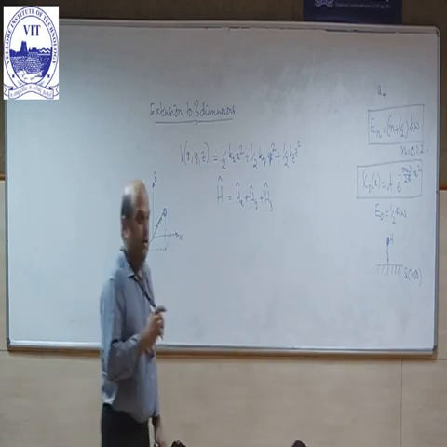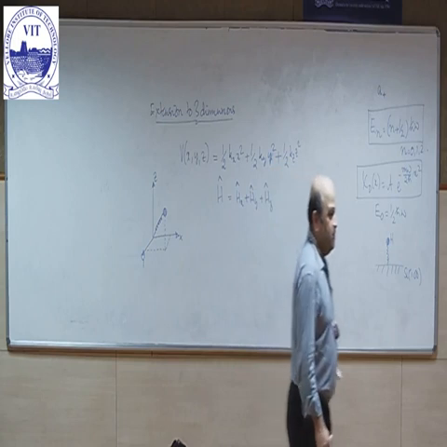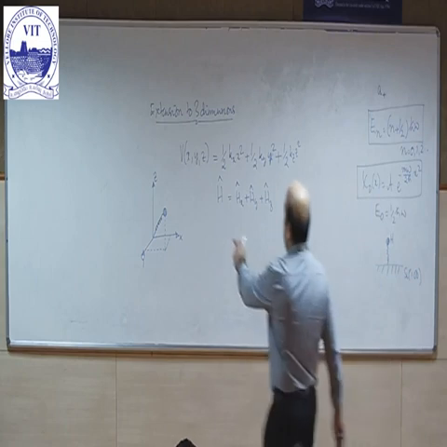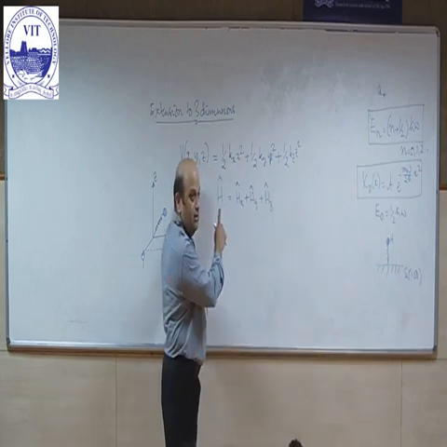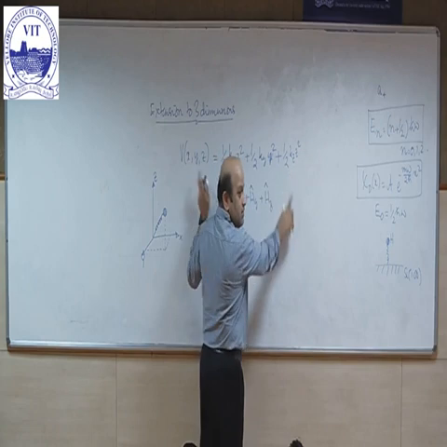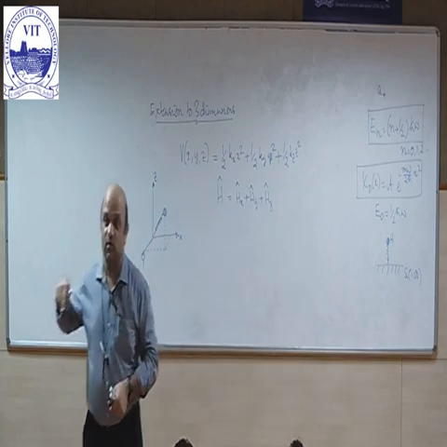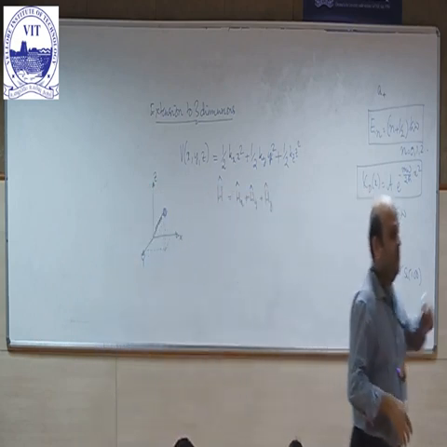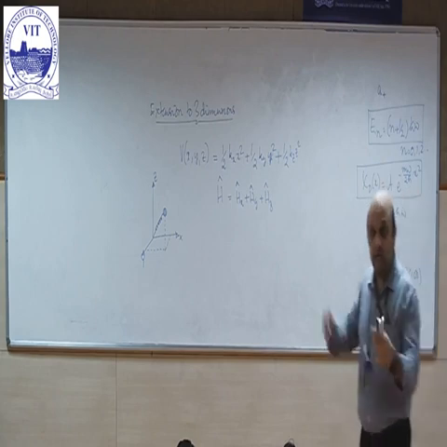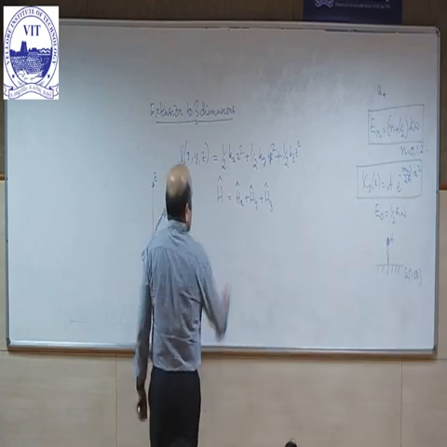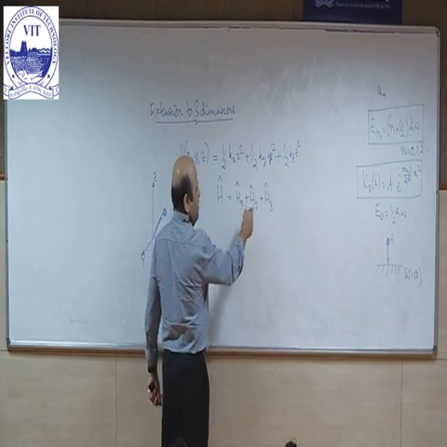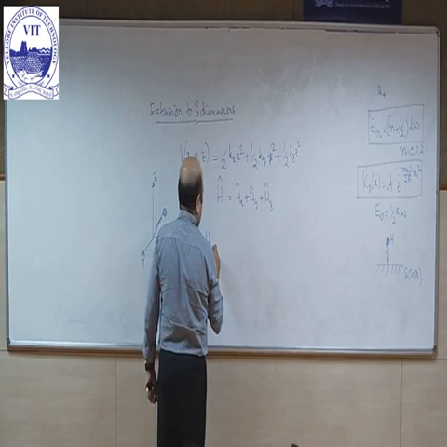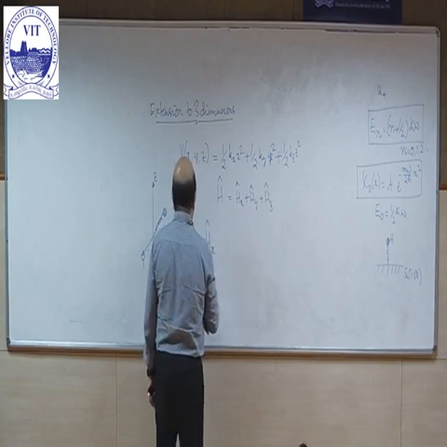Remember, the suffixes x, y, z correspond to the components of the Hamiltonian along x, y, z, because you can resolve the potential energy into x, y, z components. Similarly, the kinetic energy can also be resolved into three perpendicular components. So just write down one of them, for example, and then you can add them up to get the total Hamiltonian. So what is the Hamiltonian of this system along x?